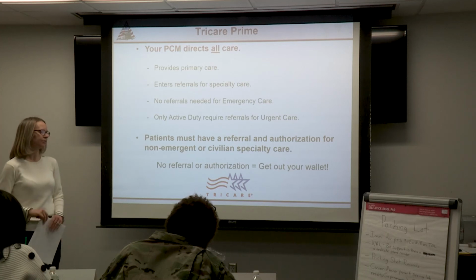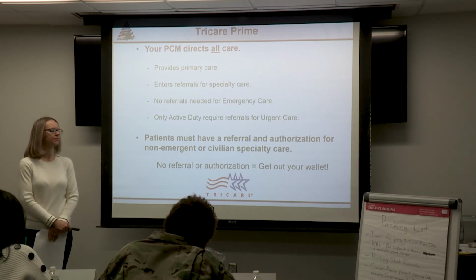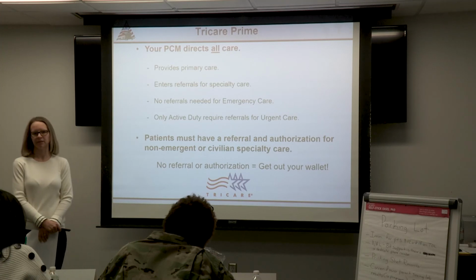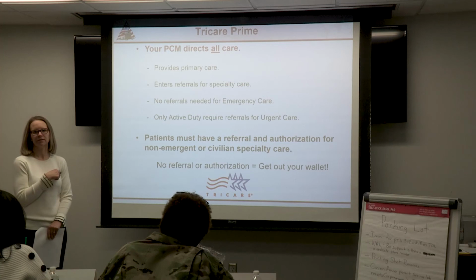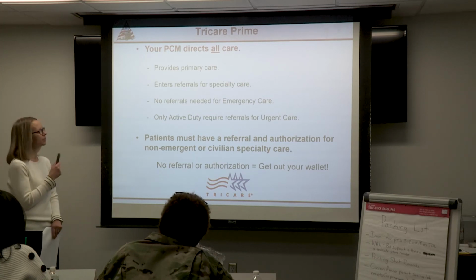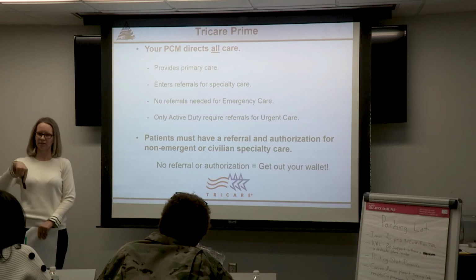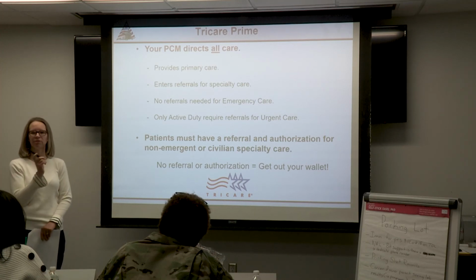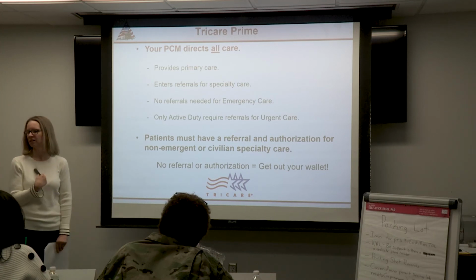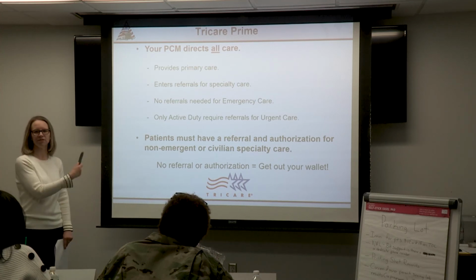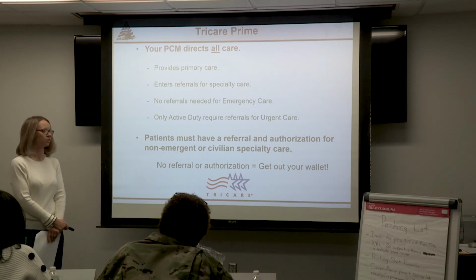Patients must have a referral and authorization for non-emergent or civilian specialty care. So if a TRICARE Prime patient who is enrolled here at the facility wants to, for example, go see a general surgeon out in the civilian sector and decides on their own to go make themselves an appointment without a referral and authorization to see a general surgeon.